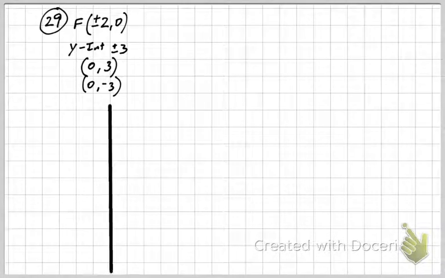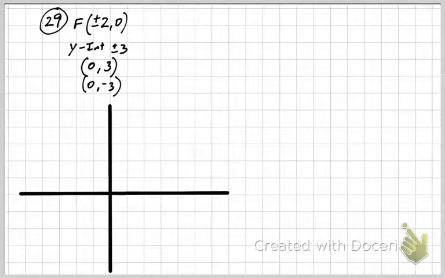Would you agree the y-intercept occurs when x is 0? So that gives me some points. I always recommend you graph these.